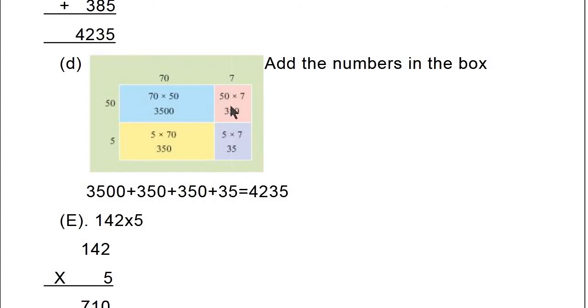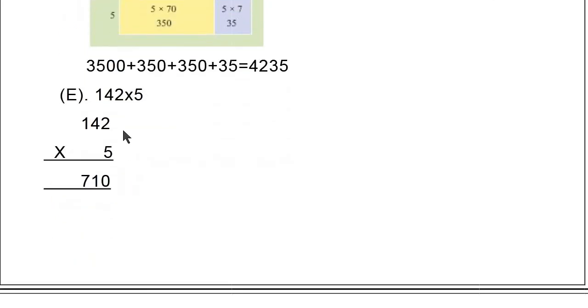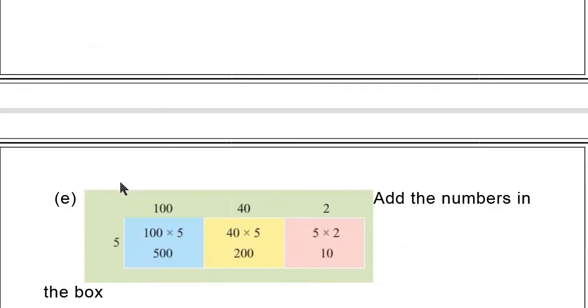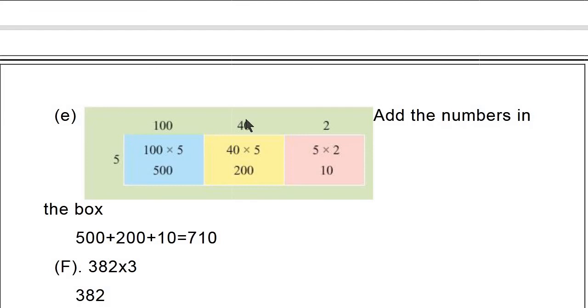So 3500, 350, and 35. 3500 and 350 means 3850, and 350, then we get 4200 and plus 35, 4235.